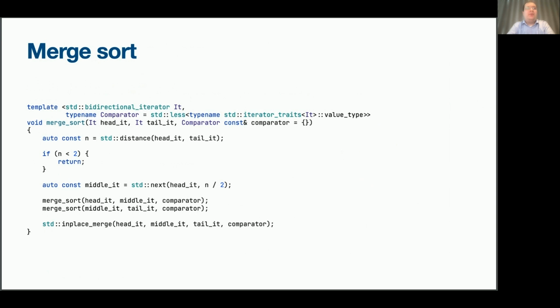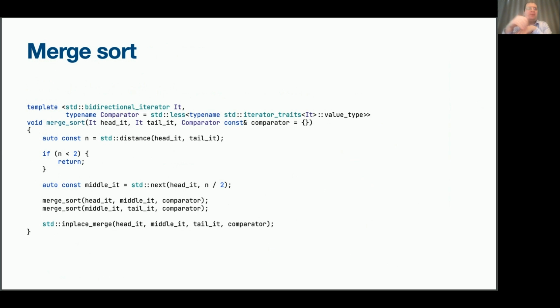We calculate the distance between head and tail, and we split our container, our array, into two halves. We find the middle element, and we apply merge sort recursively to these halves of the container, and then we apply the in-place merge functionality, which merges both parts.